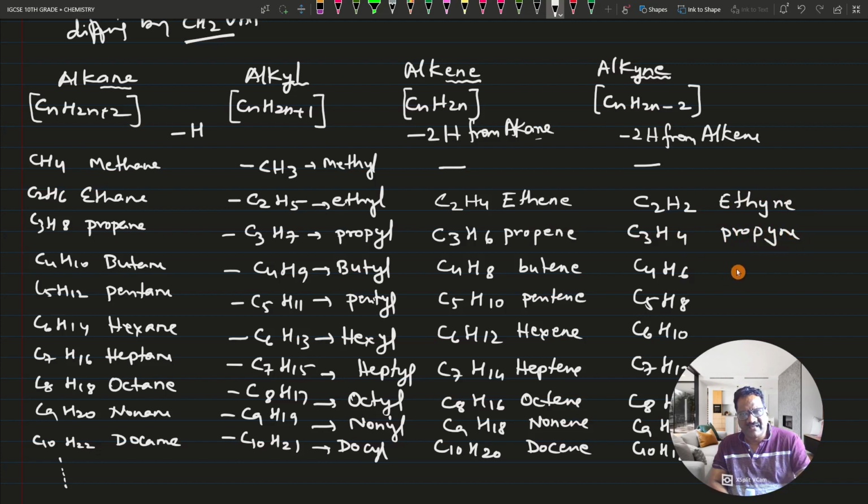This butyne, this pentyne, hexyne, heptyne, octyne, nonyne, and decyne. All ending with YNE. So this is the homologous series of alkynes.